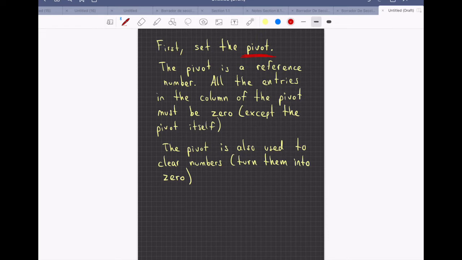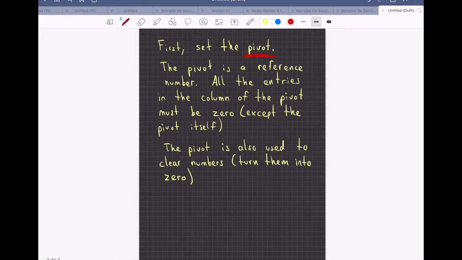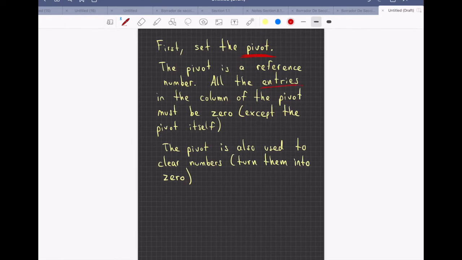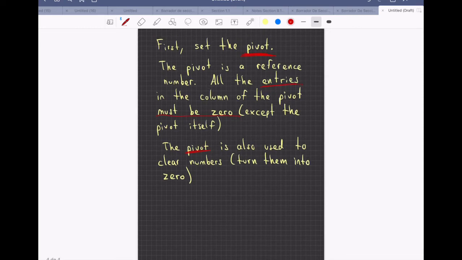What for? Well, first, all the entries in the column of the pivot must be 0, except the pivot itself. And the pivot is going to be also used to clear numbers. By clear numbers, I mean turn them into 0. We're going to be seeing this as I am explaining this.